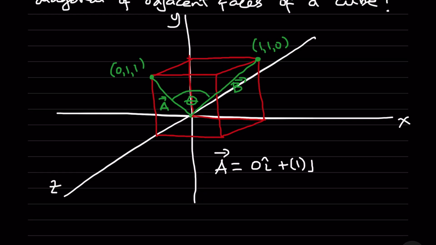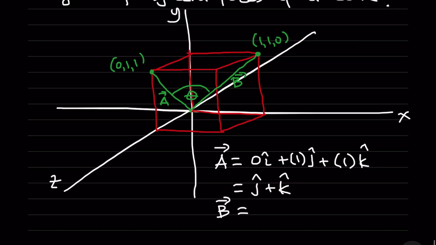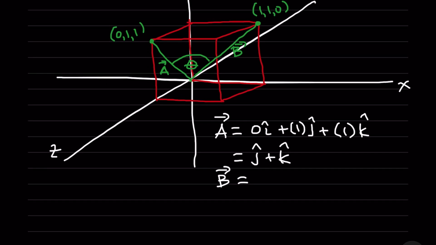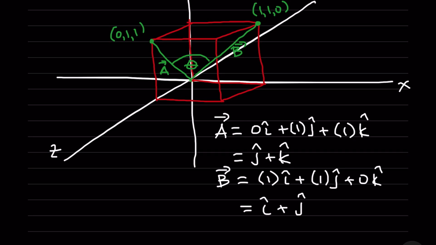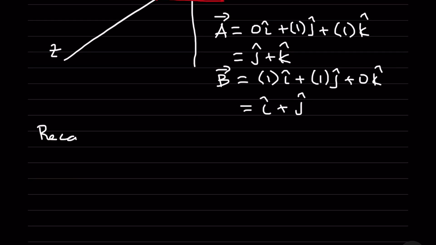So we let the diagonals be vectors A and B, and the angle between them is angle theta, which is what we're looking for. So using the coordinates, you can write the components of the vectors this way. Vector A is equal to j hat plus k hat, and vector B is equal to i hat plus j hat.